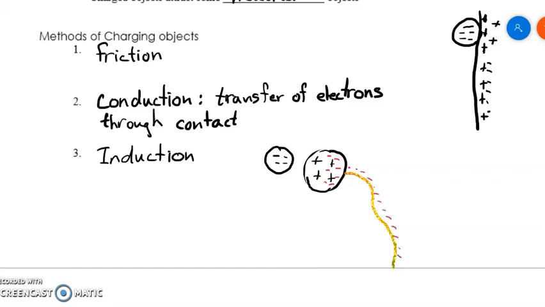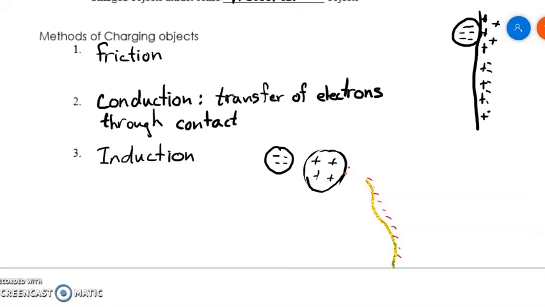They're going to flow down the wire and basically drain off of this neutral object. So then what ends up happening is when you break this connection, now all of the negative charge from this object has been drained off, and you end up with a positive object.